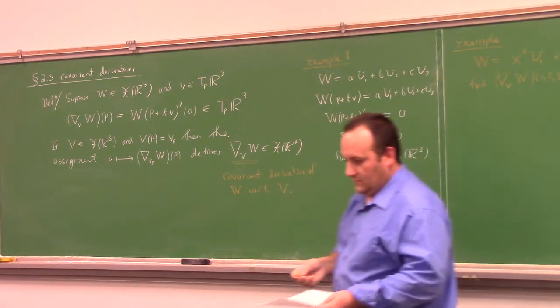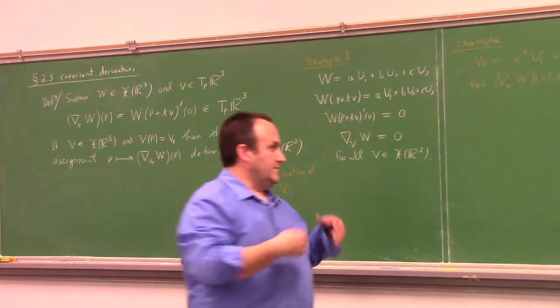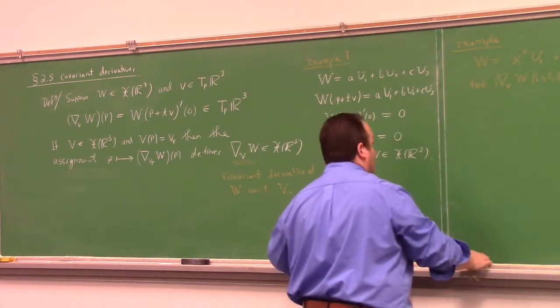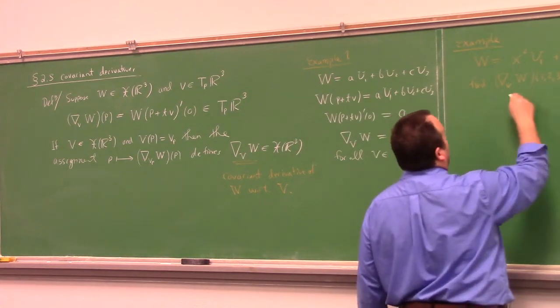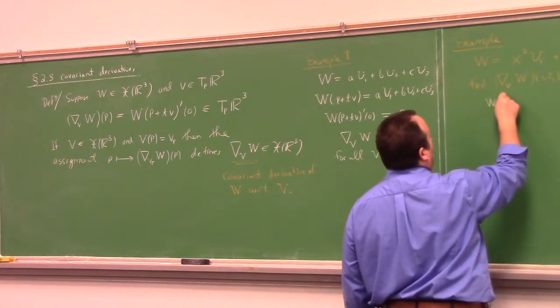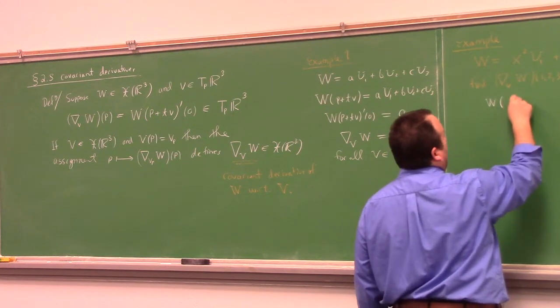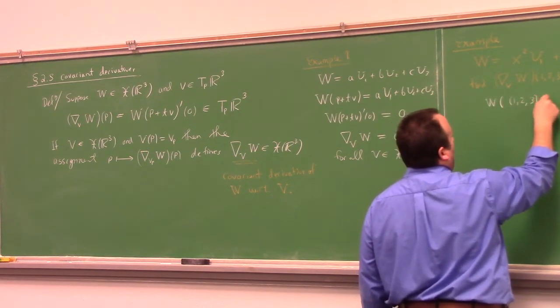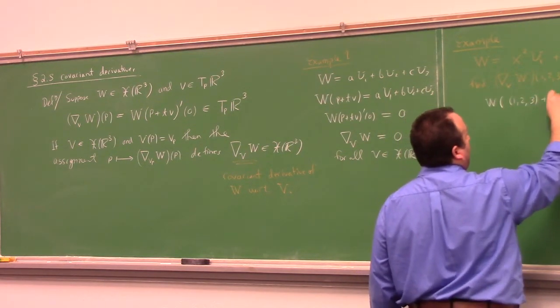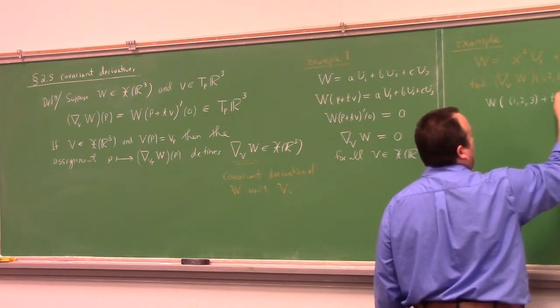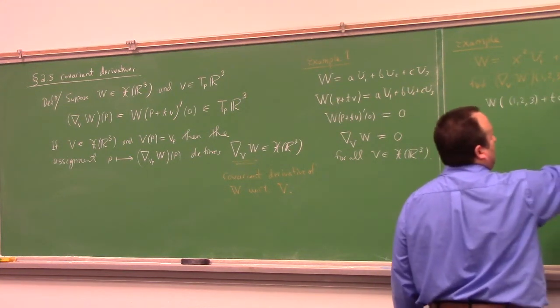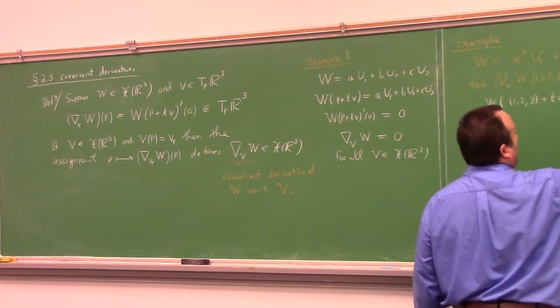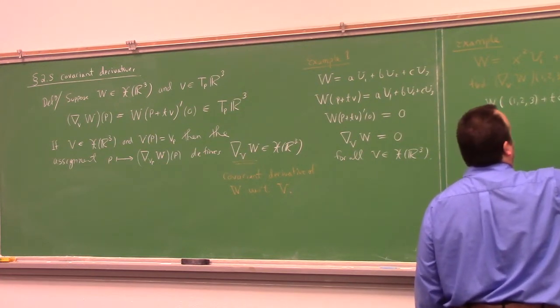All right, so fine. Sort through the definition here. What do we got? We need to calculate W of 1, 2, 3 plus t times what? I'll go to the other notation, right? Is that okay with you guys? 0, 2, 1, right?